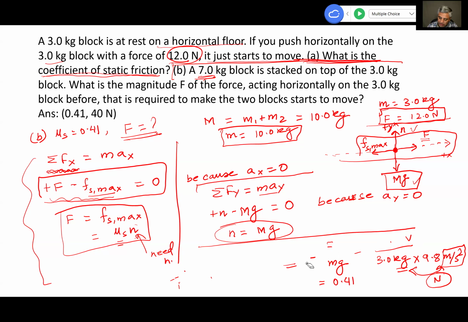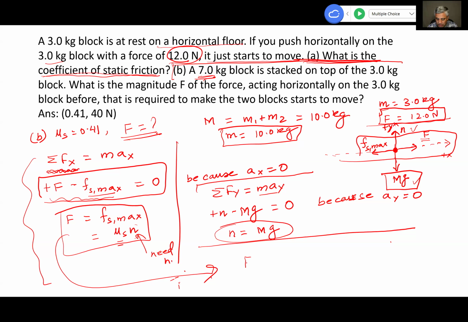Now this part gets slightly modified here. It means the applied force is mu s times n. So n in this case is uppercase M times g.